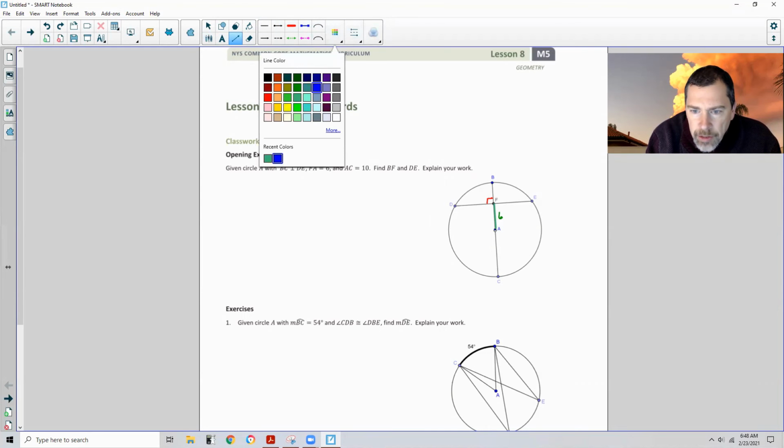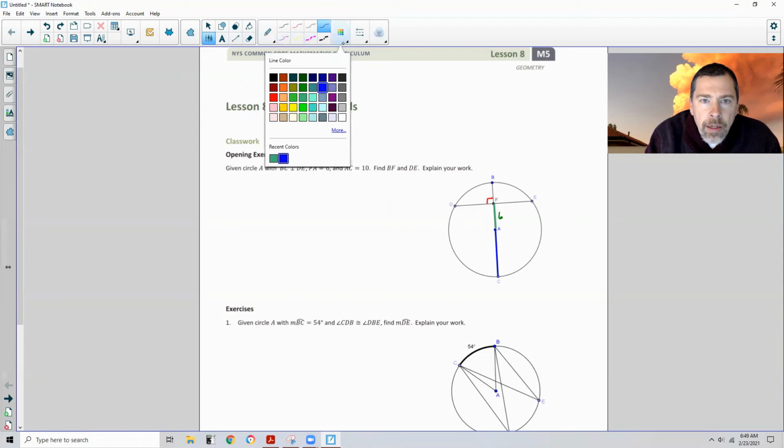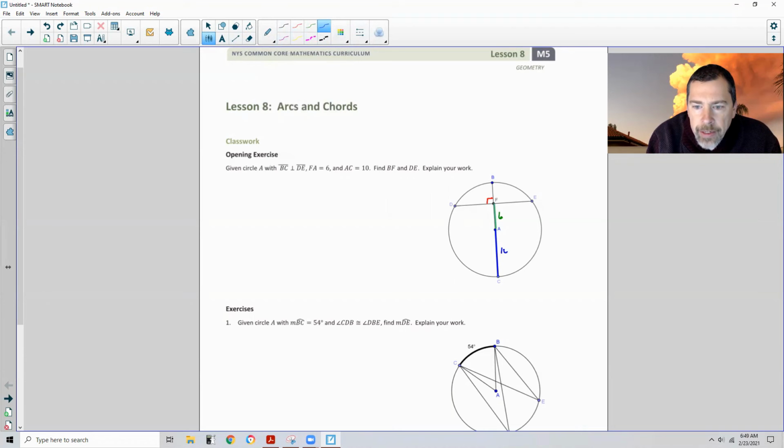If you have colored pencils in your arsenal, I highly recommend using them in geometry. Now we're going to label that 10. So this is 6, this is 10, this is a right angle. Find BF and DE.